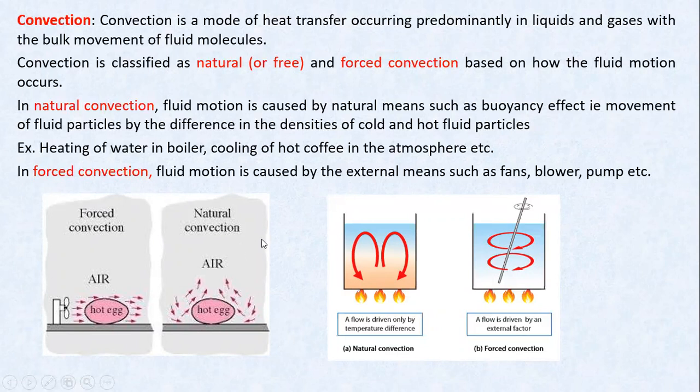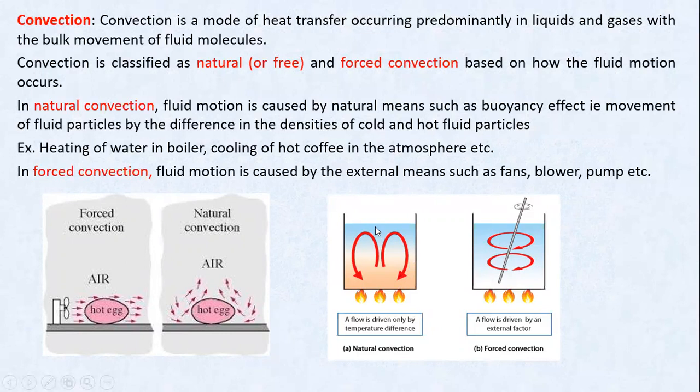In natural convection, fluid motion takes place naturally due to the buoyancy effect. That is mainly due to the density difference of the cold and the hot fluid particles. For example, here you can see a beaker getting heated. The fluid particles near this hot surface get energy in the form of heat, become lighter, and move to the top surface.